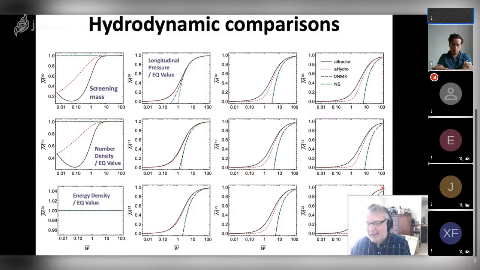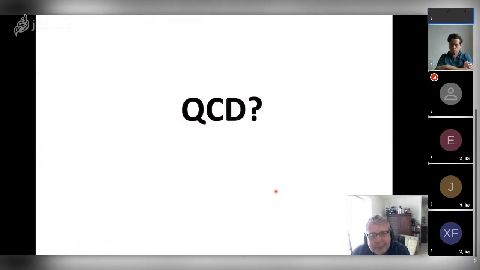That's to be expected because the high momentum part of the distribution is not described well in this case. aHydro also breaks down, as you can see in the high momentum moments. It doesn't describe the exact solution as well as it does the low moments. But it's better than the other guys. Yeah, so we can have some practical conclusions from these.